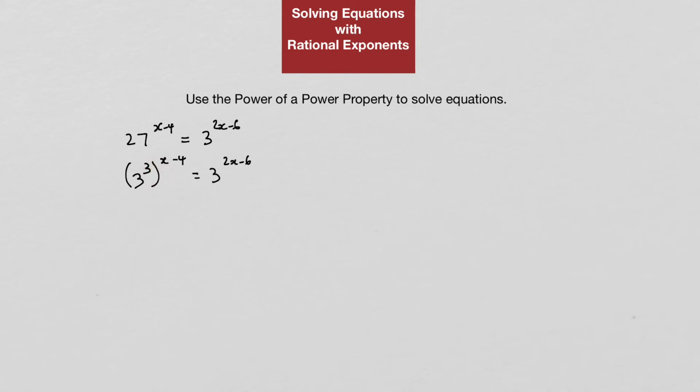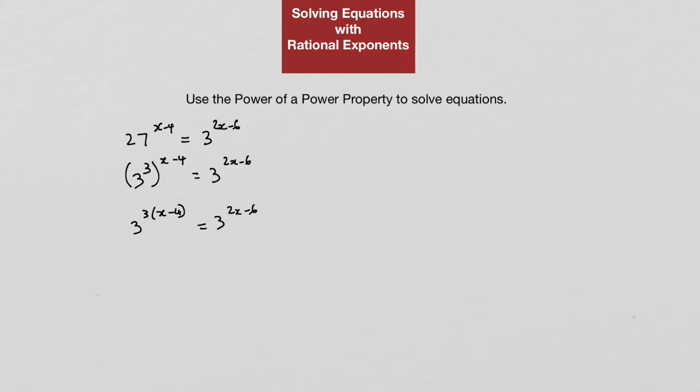So now we have a power to a power, and the power of a power property tells us that when a power is raised to another power, we can multiply them together. So then we would rewrite this equation as 3 to the 3 times x minus 4 power is equal to 3 to the 2x minus 6 power.